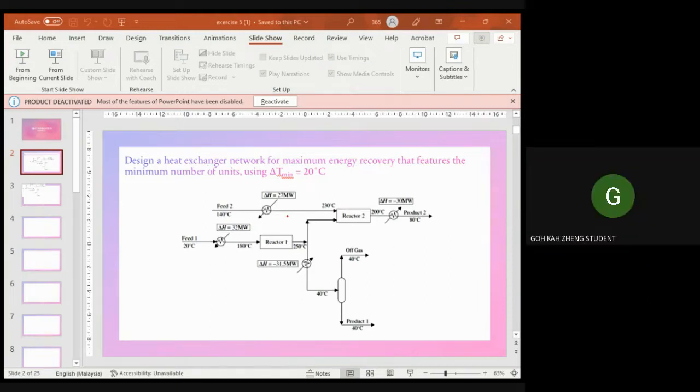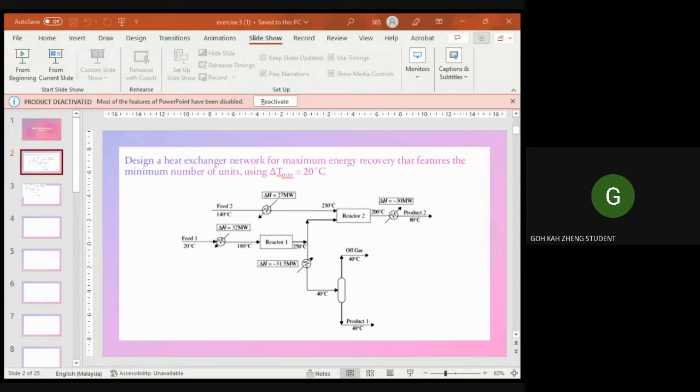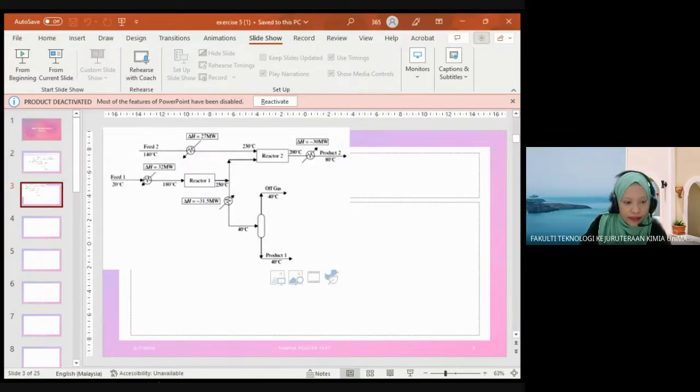Sorry, doctor? Yes? Did you write something on screen? Because we can't see. Oh, you cannot see? Okay, thank you for the information. Wait, I reset the screen now. I think I need to share the screen. Cannot share the tab.